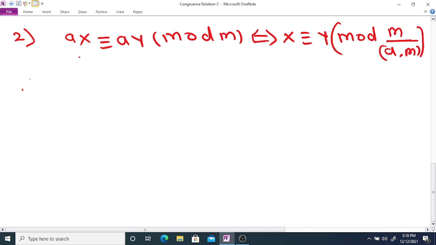Here we are going to show when we can cancel this A in a congruence relation.